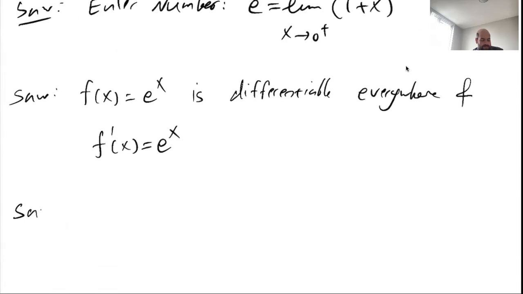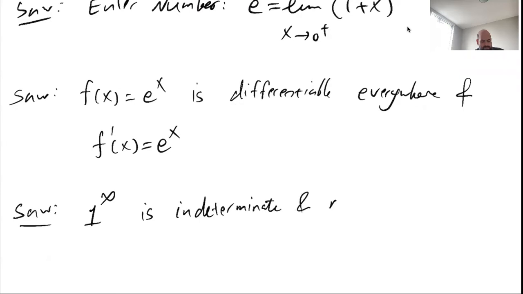And we also saw a limit of the form 1 to the power infinity. 1 to the power infinity is indeterminate and therefore needs simplification.